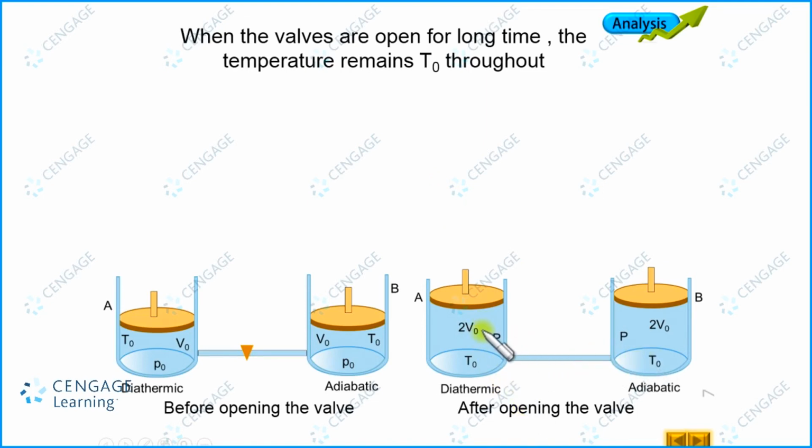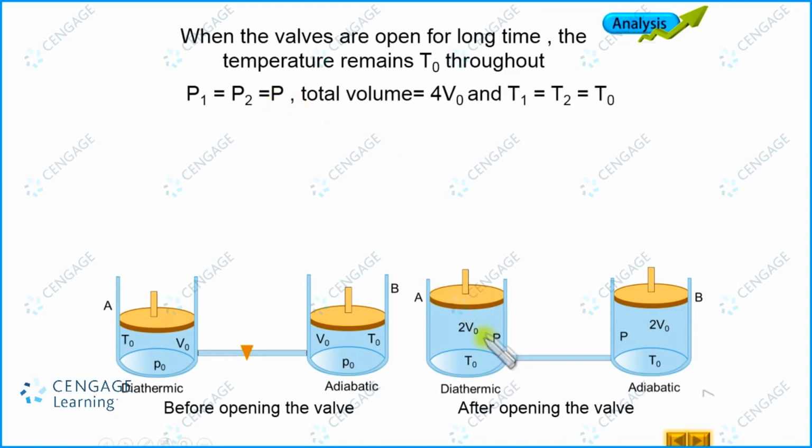That means the final pressure of the gas in both containers or both vessels will be the same. Let us assume this value as P. That means P1 equal to P2 equal to P. And both are interconnected. We can say the total volume will be equal to 2V naught plus 2V naught equal to 4V naught. And as we discussed, the temperature of both containers will be equal to the temperature of the surrounding, that is T naught.